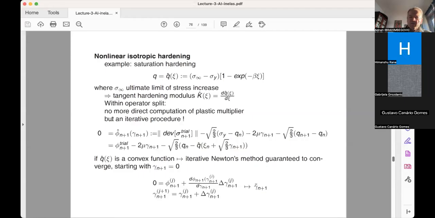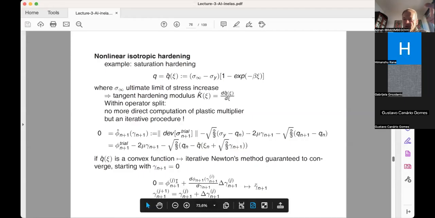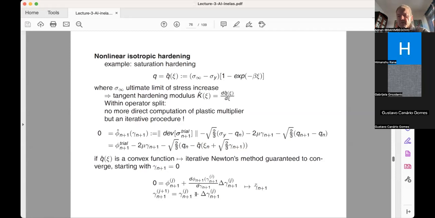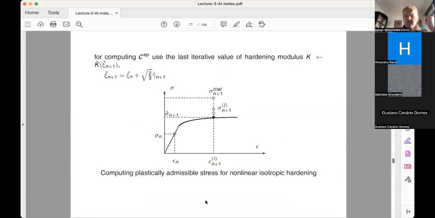So basically, this is the kind of thing that we are using. We need several iterations to get down to the final value of gamma, and that's the only extra computation that has to be done, and you are set with the nonlinear isotropic hardening, which might have a better prediction for the post-elastic response.